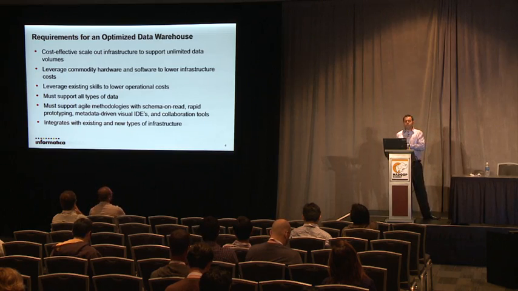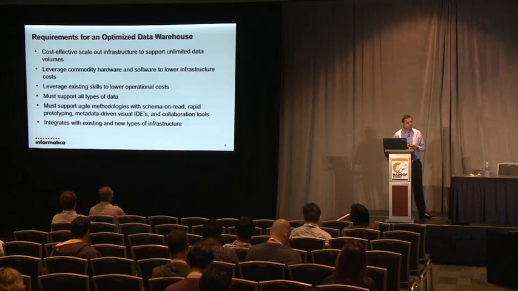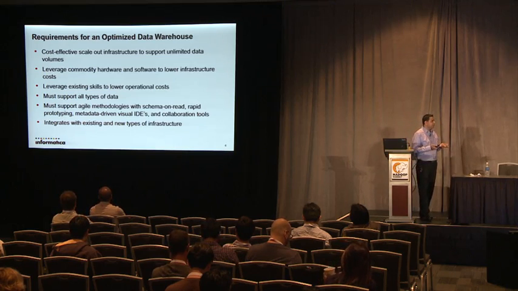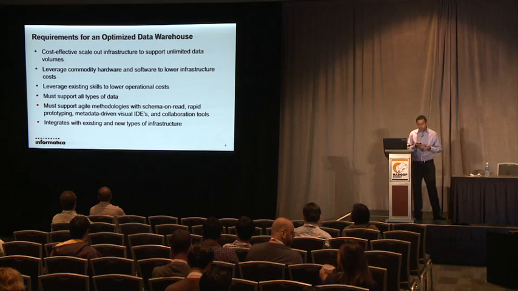So you dump everything here in your Hadoop environment, let's say, and then read it as you need it. And last but not least, you need to be able to integrate with any new types of infrastructure that you're bringing into your environment.